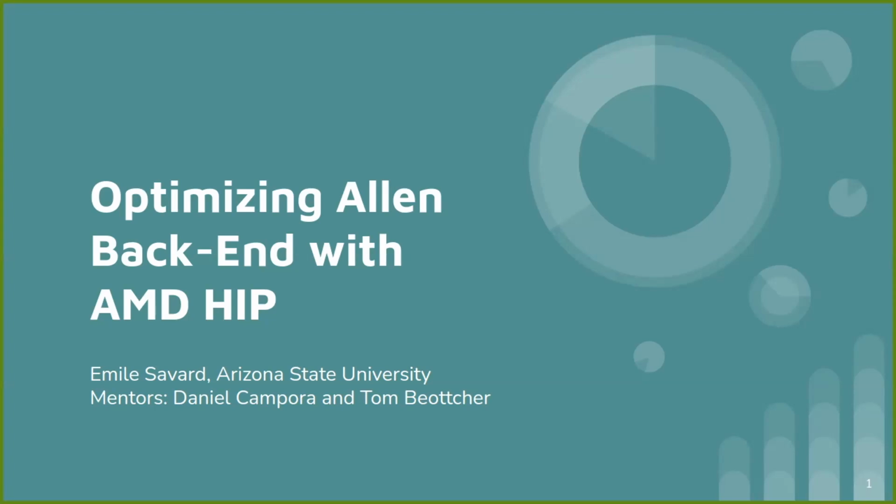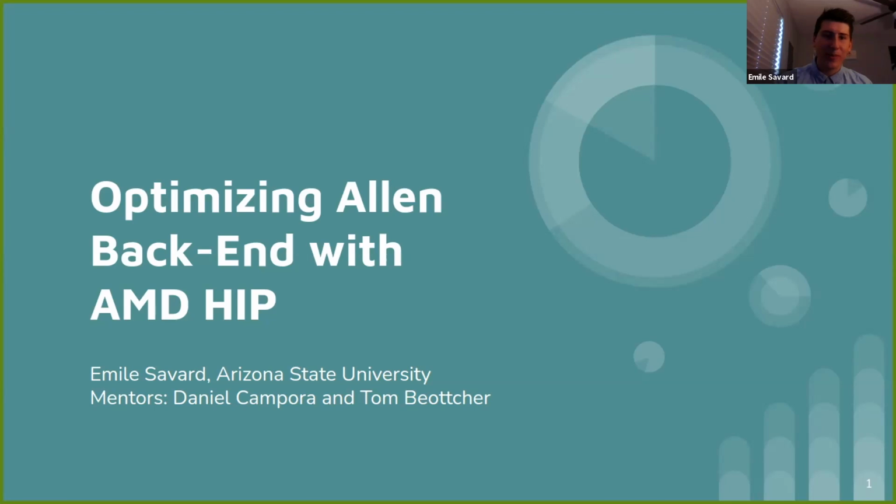And so we set Emile to working on learning how to profile an AMD GPU and then optimize Allen using the information he found. And I think he came up with some really nice results that I'll show you today. Thank you, Tom. Emile, whenever you're ready.